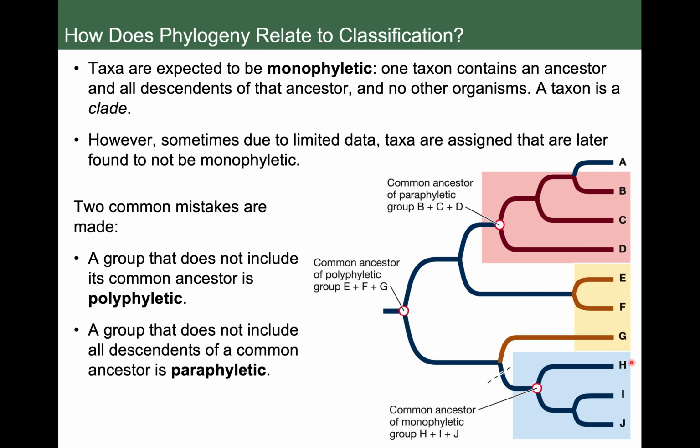So this would be an example down here in the blue box of a good monophyletic taxon. We've got these three species, H, I, and J, that are grouped together for whatever reason, and this group extends all the way back to the common ancestor of those species. And you can usually identify a good monophyletic taxon because you can remove that whole group by just cutting a single branch on the tree.